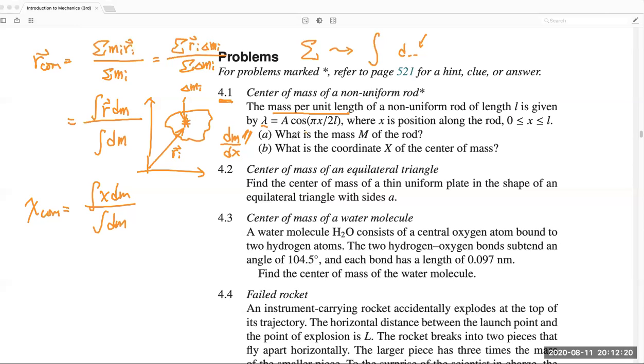So first of all, let's find the mass m of the rod. The total mass of the rod should be, you need to integrate dm. So let's draw the coordinate system first. This is the x-axis from 0 to L. Here is a rod.